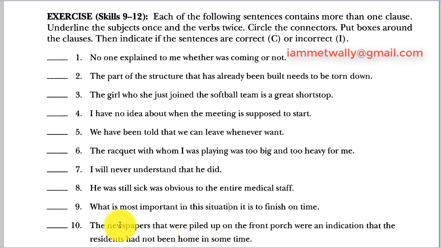Now I need the verb for the subject newspaper: this is the verb of the subject newspaper. That is another connector. The residents is the subject, hadn't been is the verb, and the sentence is totally correct. It's not missing anything at all.